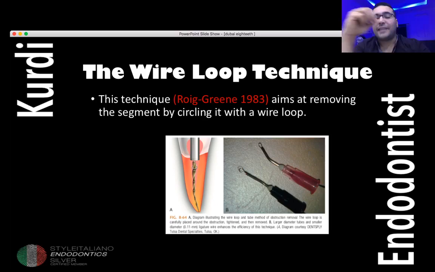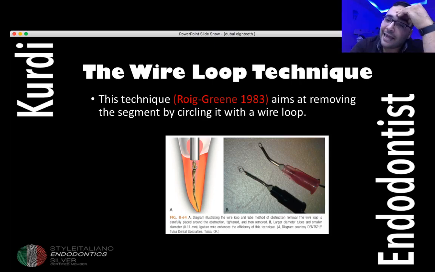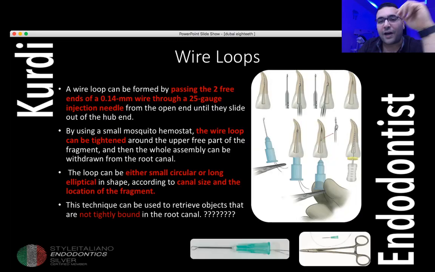Another technique is the wire loop technique, and this technique is really great, and it was first described by Ruddle in 1983. Here today, if you mention this wire loop technique, I have to tell you that you can make your own wire loop device.